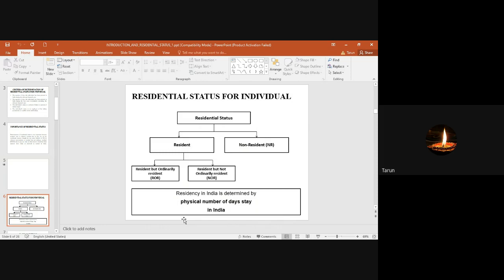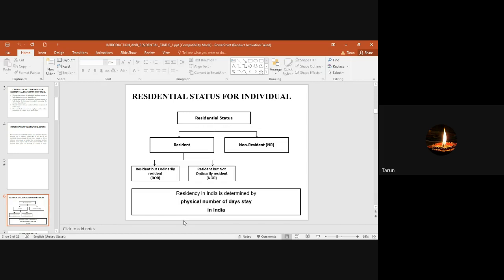Now in this upcoming slide, there are the various rules under the Income Tax Act which you need to follow and accordingly estimate the residential status in the upcoming practical questions. So let's talk about the residential status for individual. Residential status is classified into two main categories. The first one is resident and the second one is non-resident.